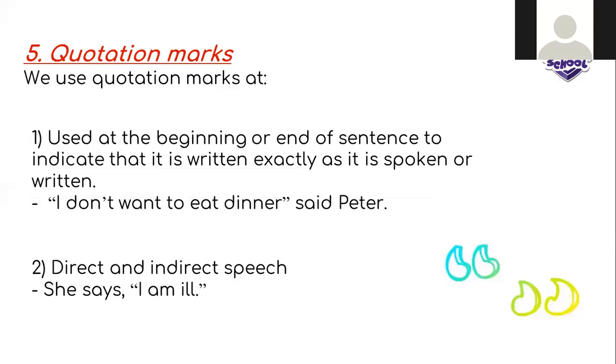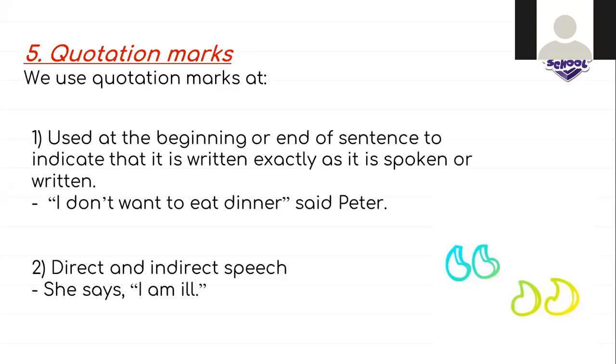Okay. We use a quotation mark at the beginning or an end of a sentence to indicate that it's written exactly as it's spoken or written. So, quotation mark, I don't want to eat dinner, quotation mark, said Peter.